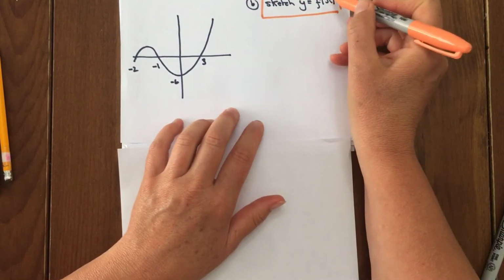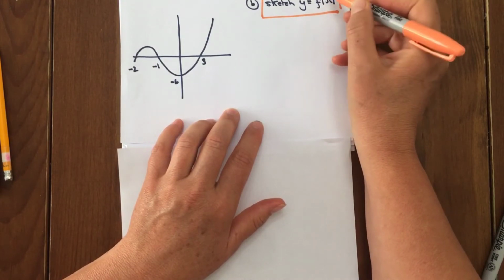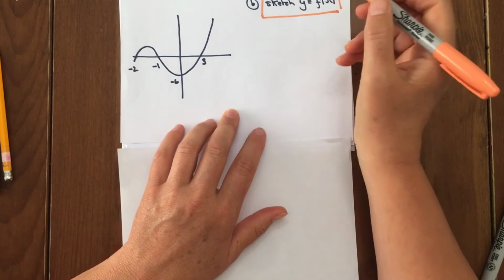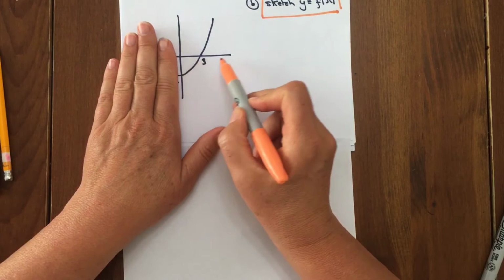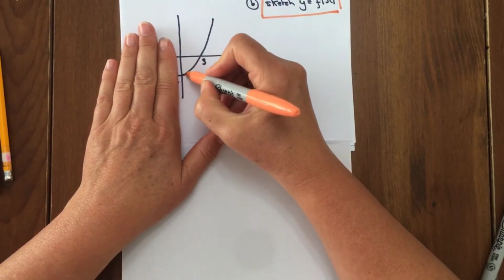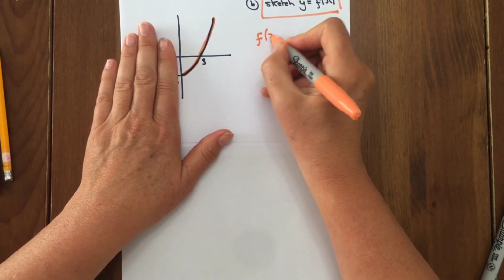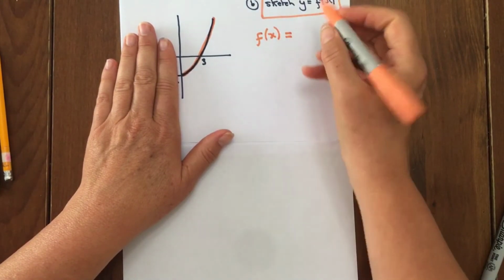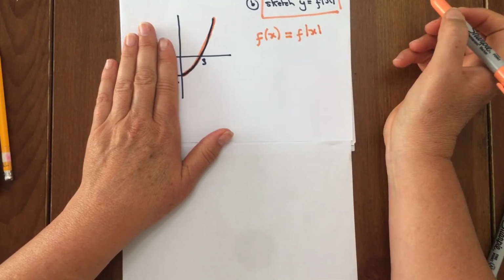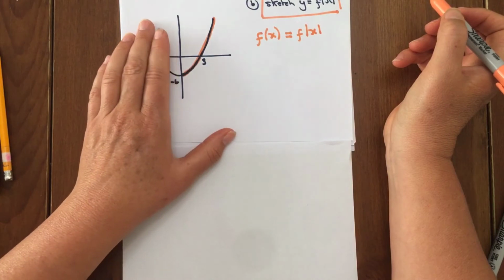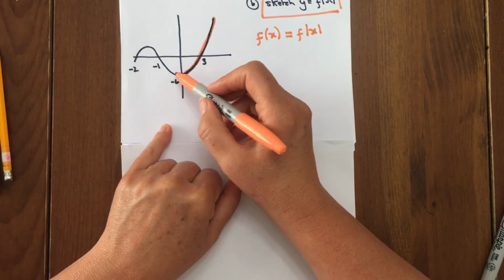The modulus sign is now just of the x, not of the whole thing. So what this is saying is if I just look at all my positive x values, yeah, f of positive x, if I look at the modulus of it, it will be exactly the same. Now, what happens for my negative x values?